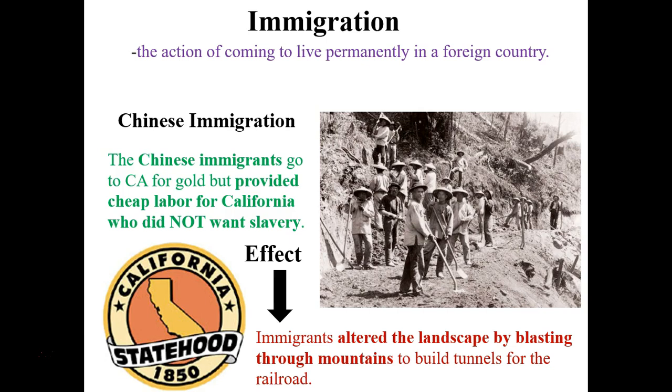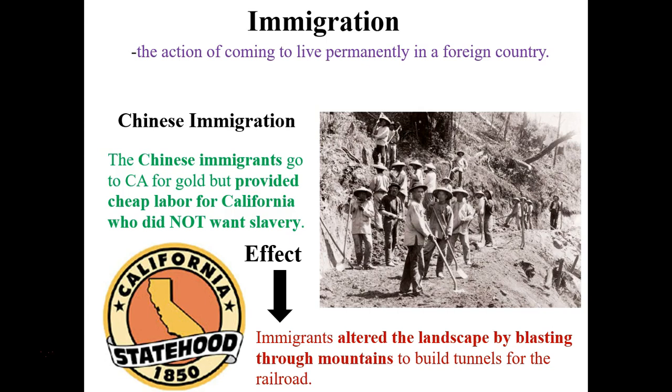Immigration. So immigration, just so you know, is the act of coming to live permanently in a foreign country. So you live in one country and you immigrate to become a citizen of a different country. Now, the first immigrant group that we're going to talk about coming to the United States is the Chinese immigrant. Chinese immigrants immigrated to California for gold. Okay, they wanted to work in the gold fields just like all of those people that moved west in the mid-1800s.